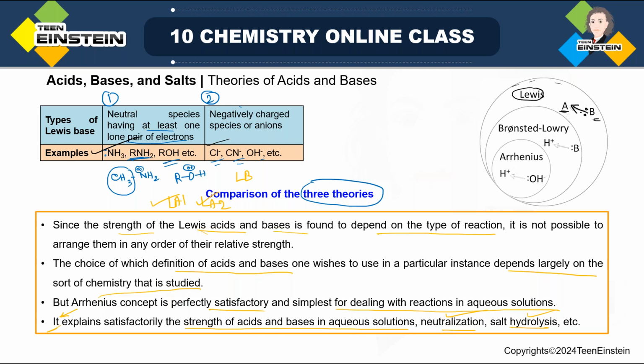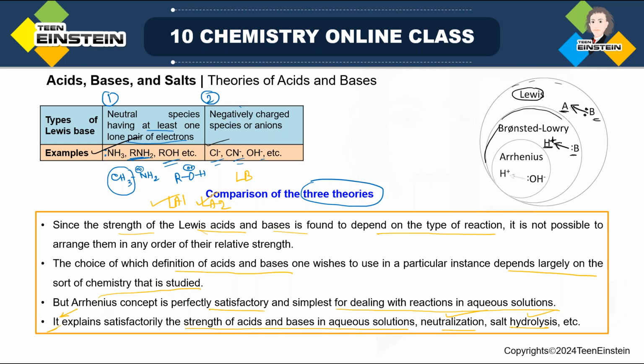That is why it has a large sphere, and within this category, the second smaller sphere you are seeing is Bronsted-Lowry. Here the definition is that the base is the species which accepts H plus, and the acid is the species which can donate H plus.